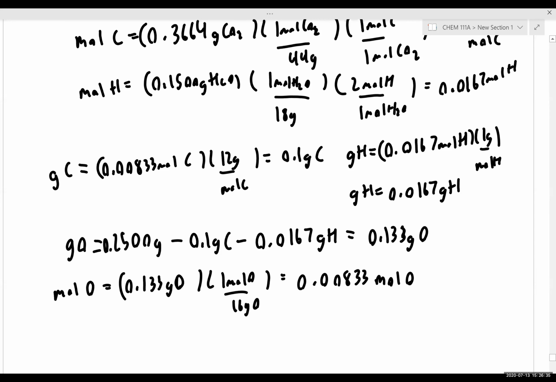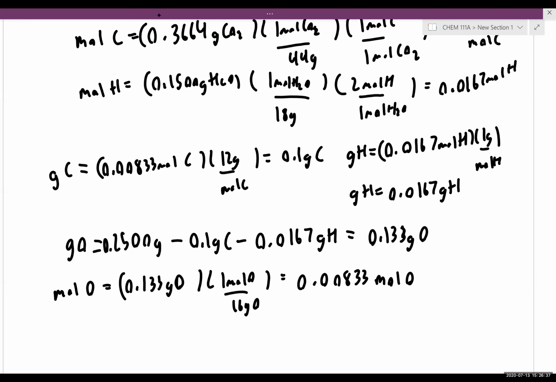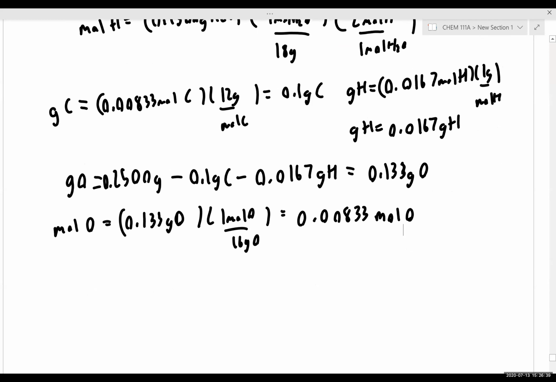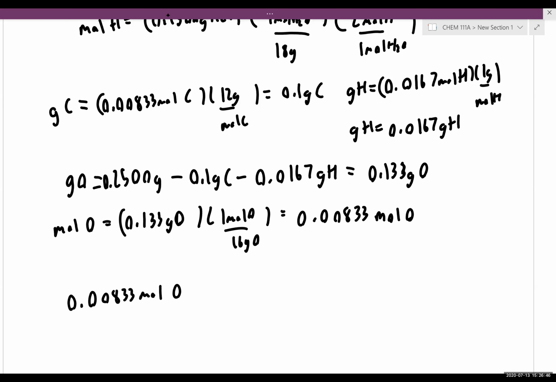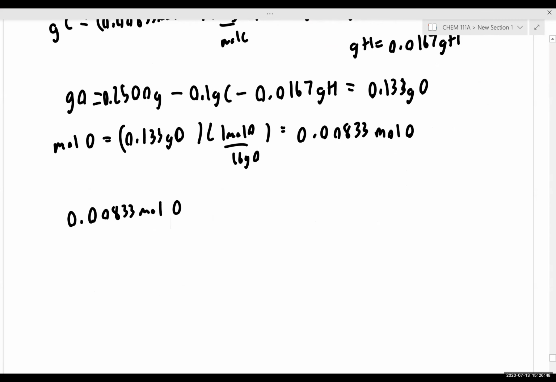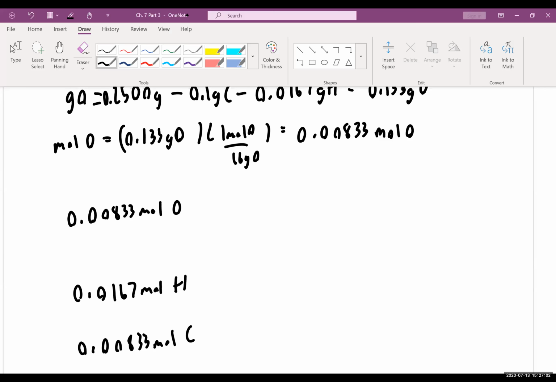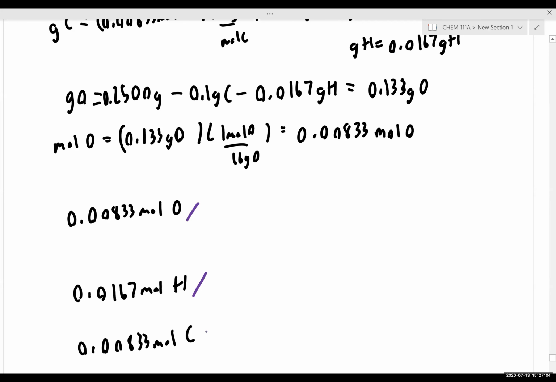So now let's write out each of our moles. We have 0.00833 moles of oxygen, 0.0167 moles of hydrogen, and 0.00833 moles of carbon. We're then going to divide by the smallest number of moles. In this case, let's just pick oxygen.